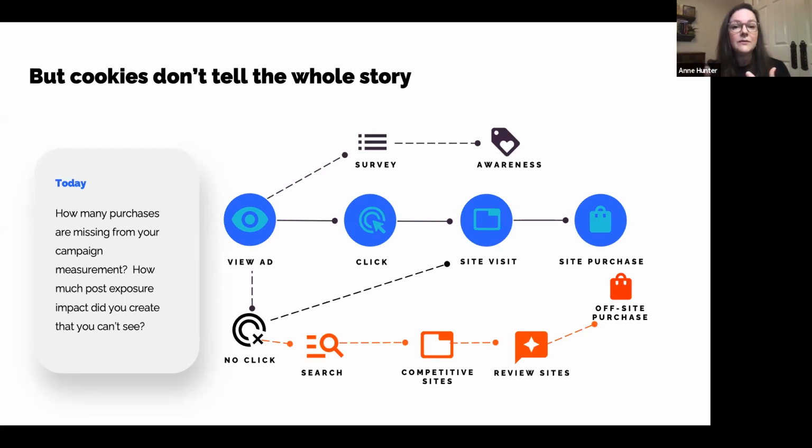It doesn't tell us whether the ads actually drove people to review sites. It doesn't tell whether it actually drove offline purchases. So there's still, even with today's tools, so much impact that digital delivers in terms of the brand story that can't be seen.